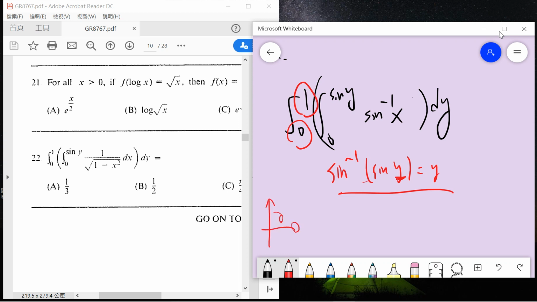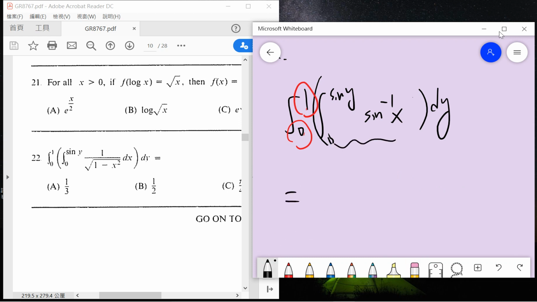But now since y is from 0 to 1, there is a one-to-one correspondence with the sine inverse, because sine inverse is only defined on a restricted range. So we can safely change this to sine inverse of sine y minus sine inverse of 0. Sine inverse of 0 is definitely 0.